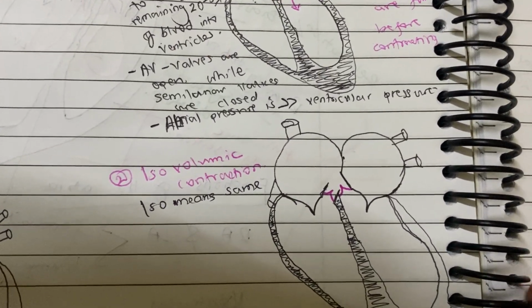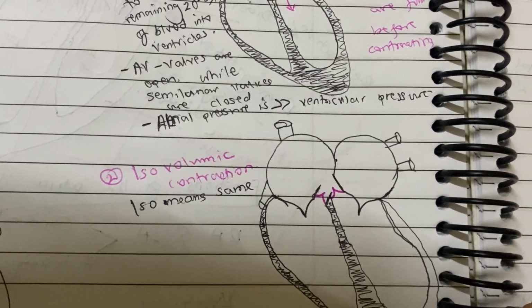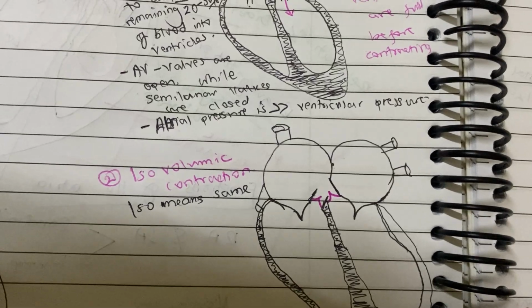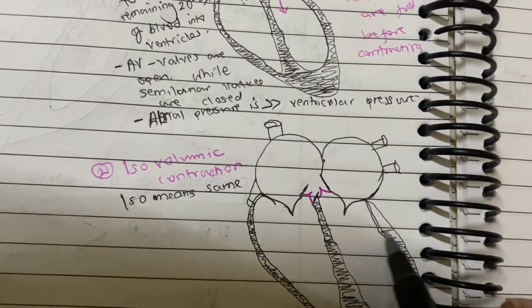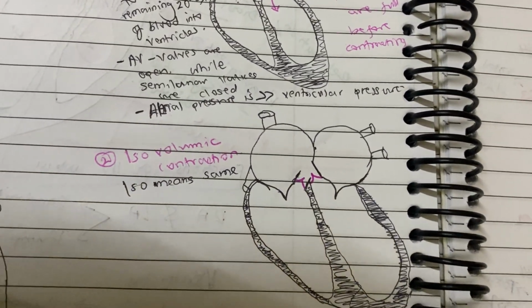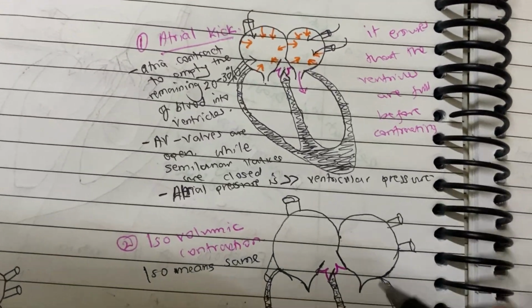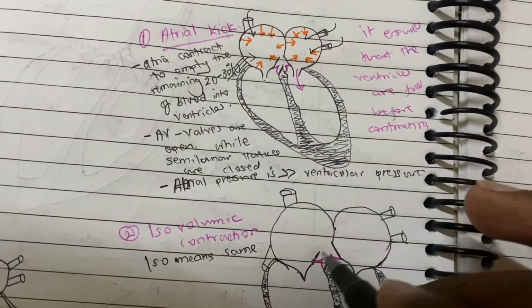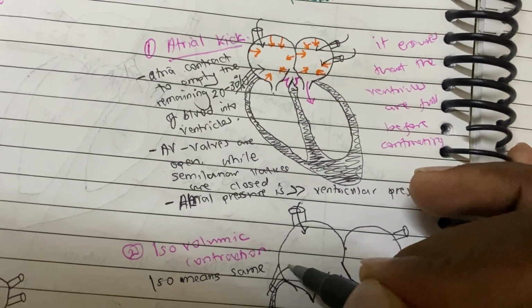In phase 1, the ventricles received the remaining blood and now they are full. When they become full, the next one is the contraction. By the time they become full, the impulse will have moved through the AV node. So at this instance, we still have blood coming over here.